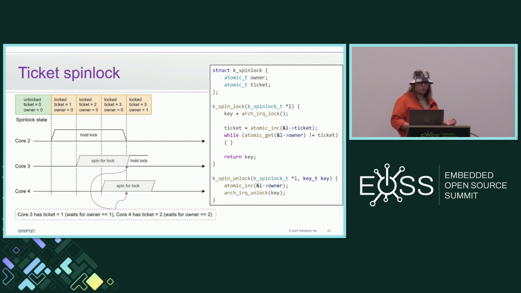Because core 3 is waiting for the owner value to be 1, and core 4 is waiting for the owner value to be 2. Now the owner value is 1, so only core 3 can take the spinlock. So it takes it. After that, it releases it, and we increment the owner to 2, and now core 4 can finally lock its spinlock.